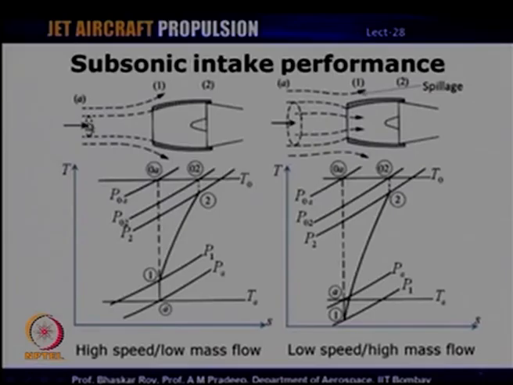Now, during cruise you can see that the speed is very high, and therefore, even a smaller capture area would suffice. In this case, that would not, because the speed is low. You need a larger capture area to deliver the required mass flow rate.